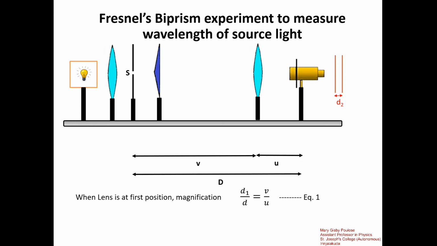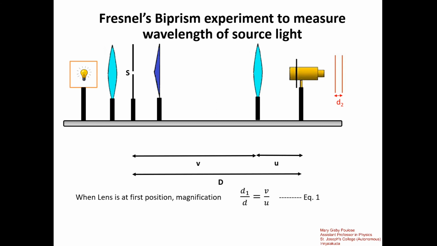In conjugate positions, if in the first position the object distance is u and the image distance is v, in the second position these distances are just interchanged. That is, in the second position, object distance becomes v and image distance becomes u. So that is what we are seeing here.